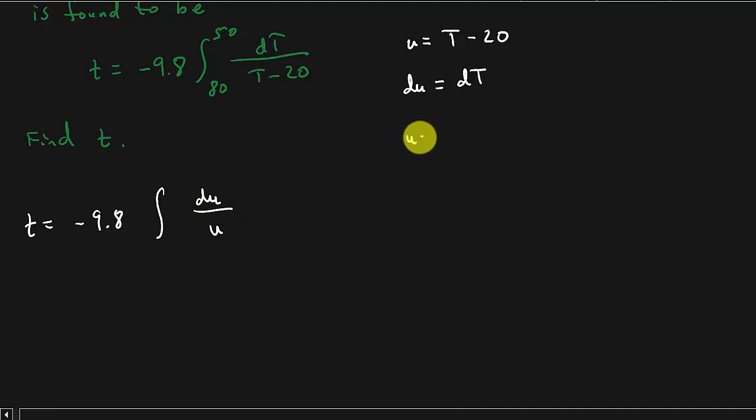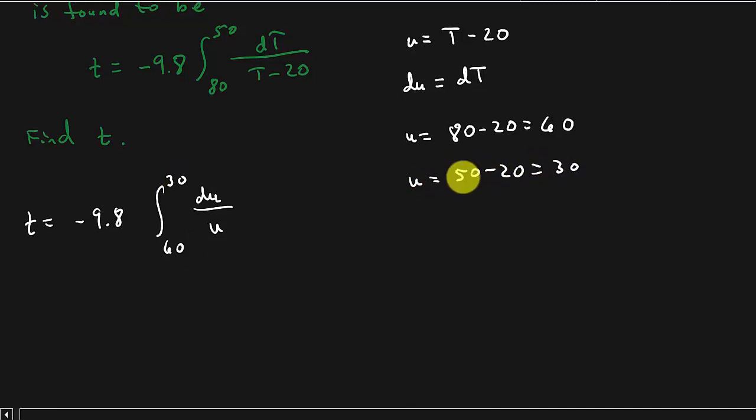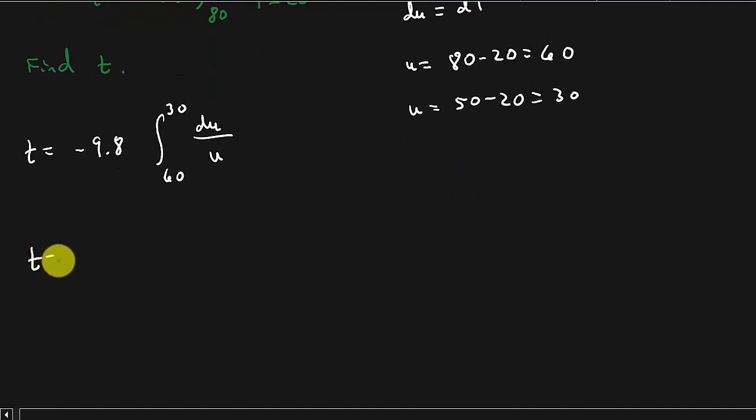I've got u is equal to 80 minus 20, which is 60, and u is 50 minus 20, which is 30. And so I've got t equals negative 9.8 times the natural log absolute value of u, from 60 to 30.